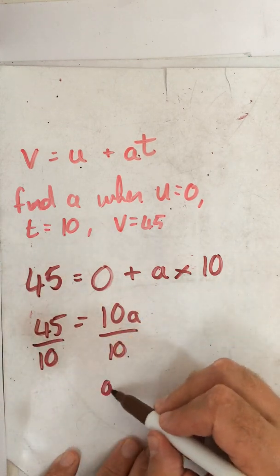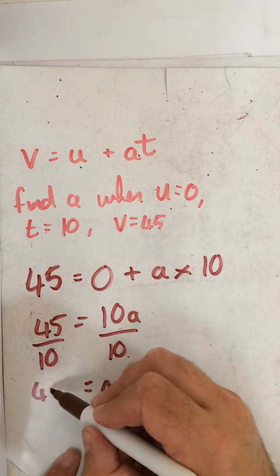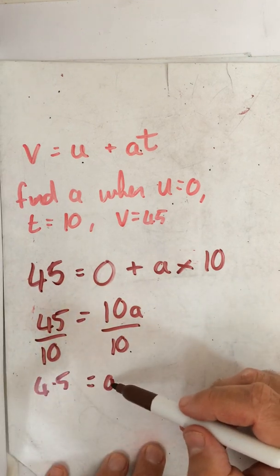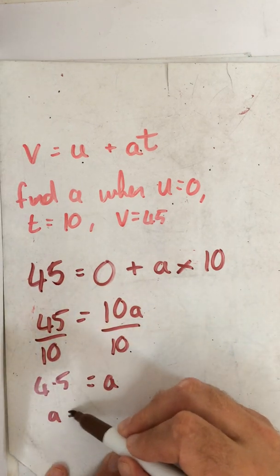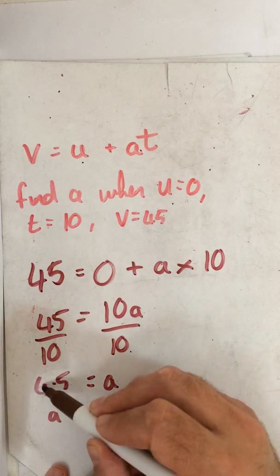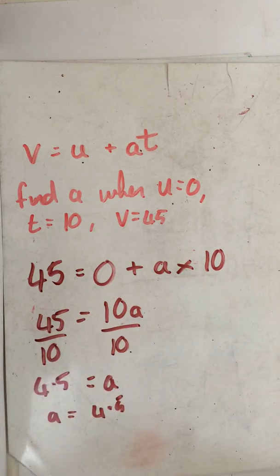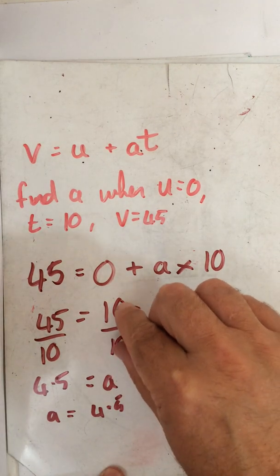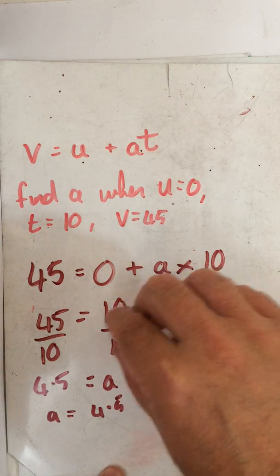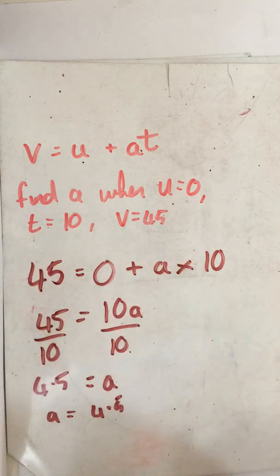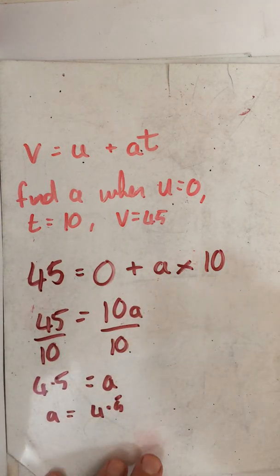So a is equal to 4.5. And that's the same as 4.5 equals a. It doesn't matter either side. Remember, the equal sign just tells you one half has to equal the other side of the equal sign.